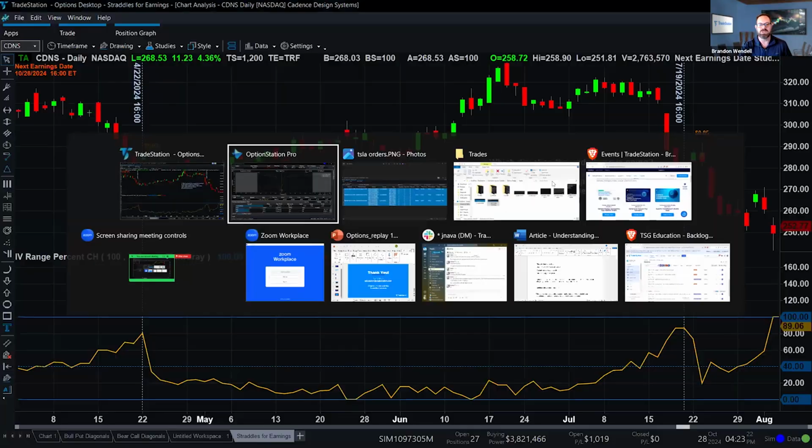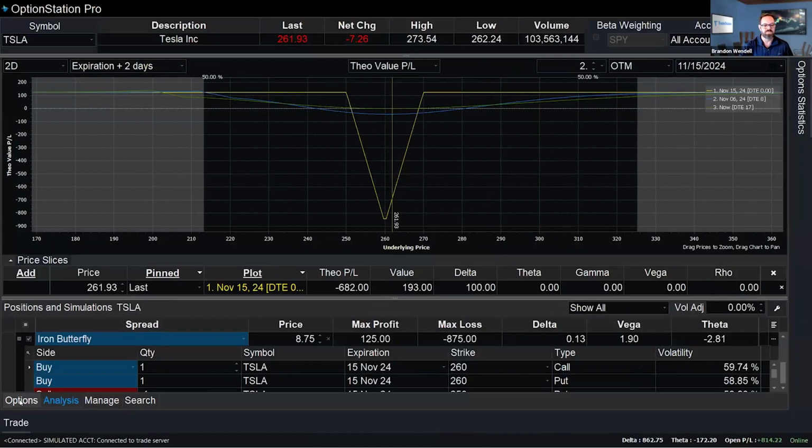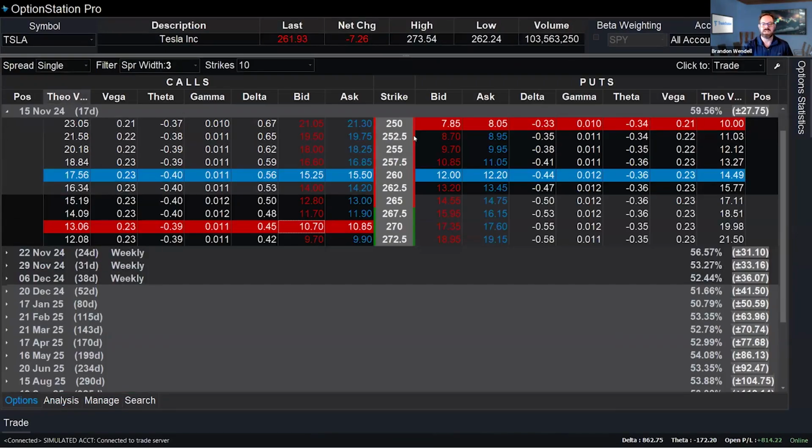Another way of doing that is on OptionStation Pro, going back to the options themselves, and you can use the little wrench right there, customize the columns, and bring in something called theoretical value. Right now, the theoretical value for the 260 call is $17.56, but it's trading between 15.25 and 15.50.